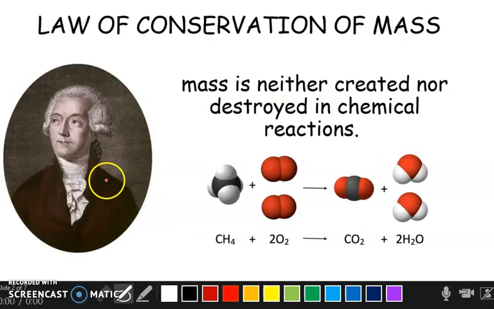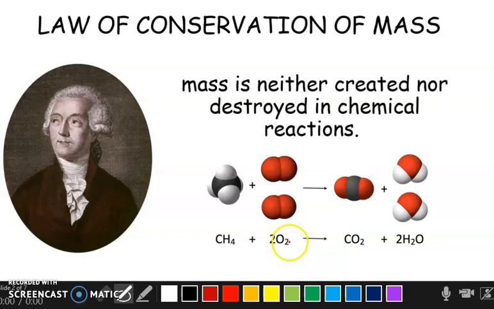This is Antoine Lavoisier. He was the one that explained this idea. He was doing a lot of chemical reactions, and one of the things that he noticed is that the mass of the reactant and the mass of the product will always be the same.